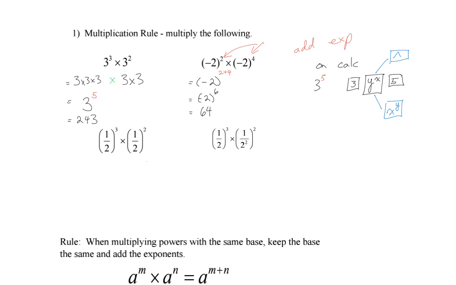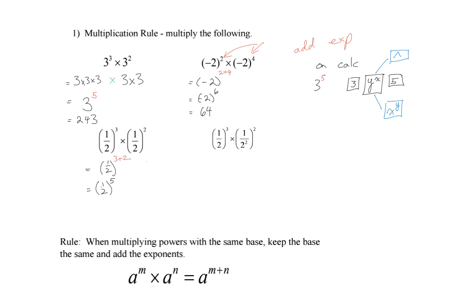Now, we're going to use the same pattern again with multiplication, but we're going to apply it with fractions. So you'll notice for 1/2 to the 3rd and 1/2 squared, both of them have a times between them. So we're going to write our base, which is 1/2, and we're going to raise that to the 3 plus 2, which is the same as 1/2 raised to the 5.